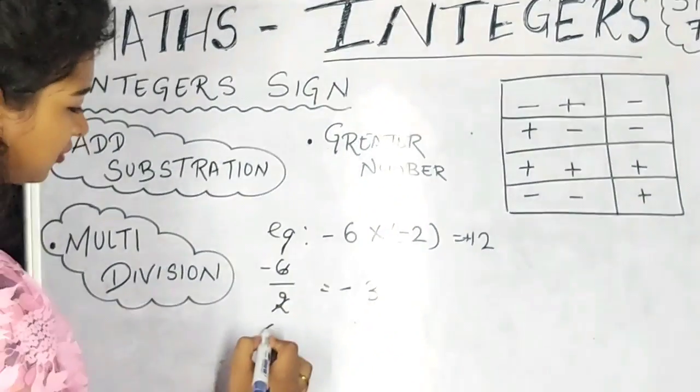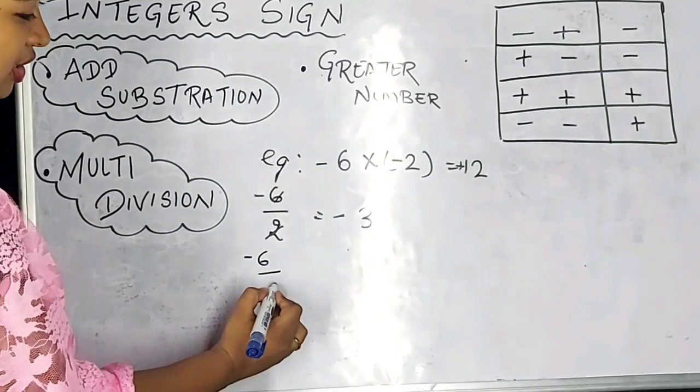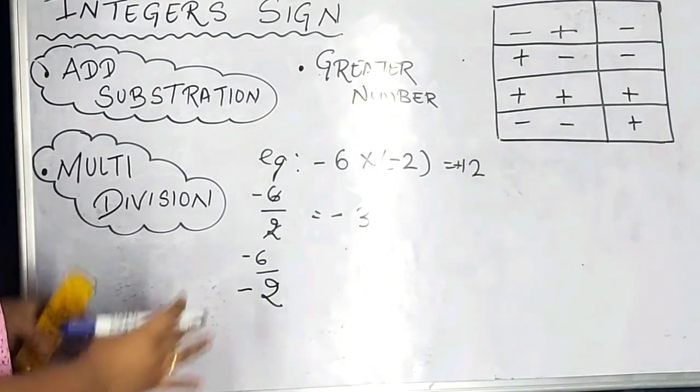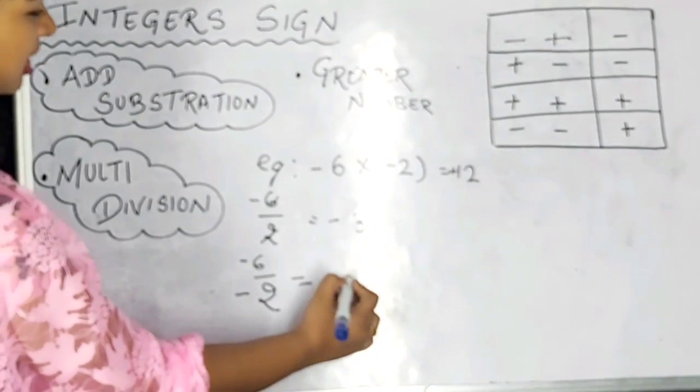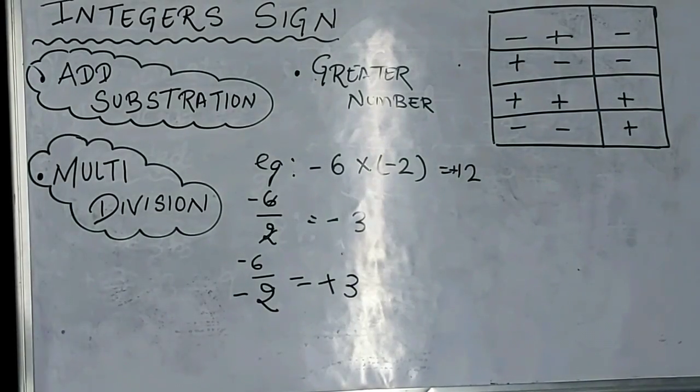And if it is the division, if it would have been like this, minus 6 and minus 2, I hope it's visible. So the minus minus will be plus, and it is your 3.